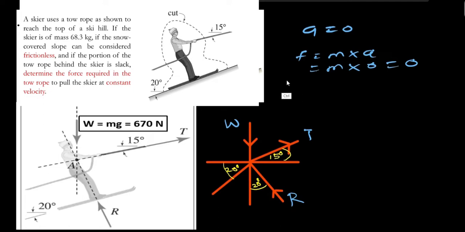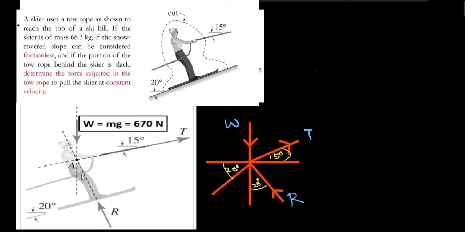Alright, so for this to be easy for us, we are going to represent this figure on a free body diagram. So that's what I have here. In free body diagrams, we can consider the object as a particle. So we can consider this skier as a particle, which is why we have this point A here, and then we consider the forces acting on the skier: the weight force, the tension force, and the normal force.